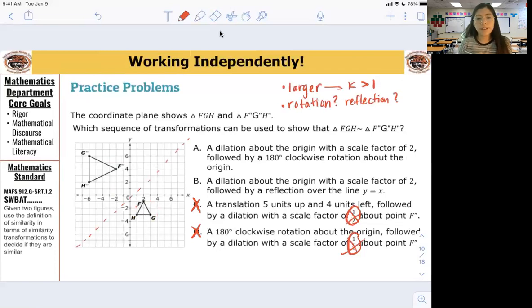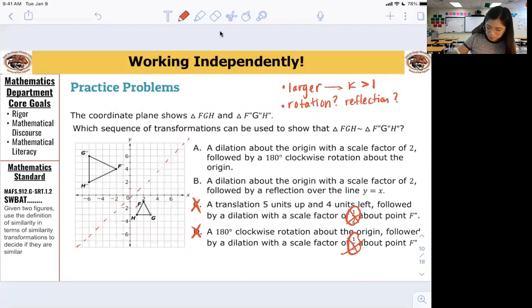And to be completely honest, this is the type of question where I personally can't really see it that well in my head. So I might want to go ahead and do the math, because doing the math, that's never going to lie. If you're a little bit tricked out by your eyes and you're not exactly sure, then doing the math will give you the final correct answer. So I'm going to do that, and then we'll know for sure.